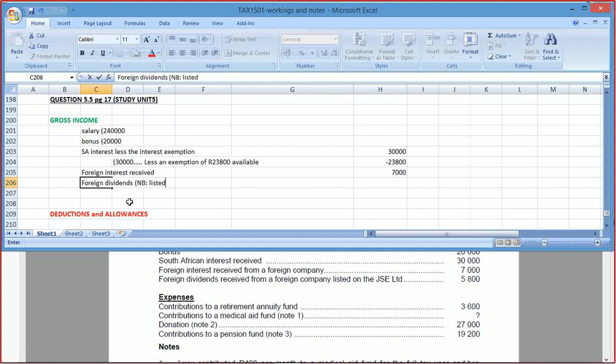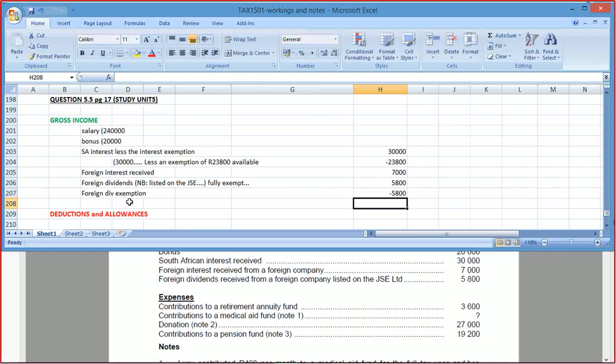Okay, so I've got the interest. I need the dividends now. Now we can put foreign dividends. Foreign dividends received from a foreign company listed on the JSE. See, there's the NB. Listed on the JSE, so it's fully exempt. Yes, fully exempt, because of the rule.